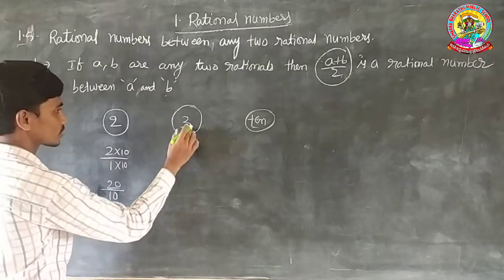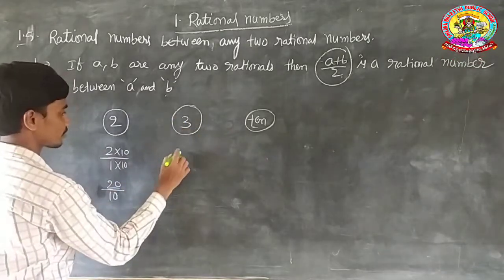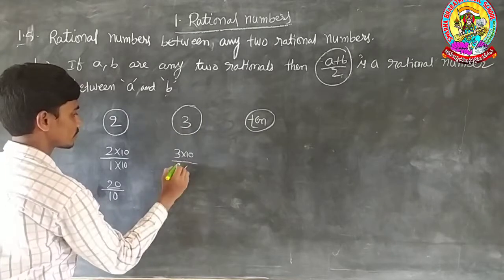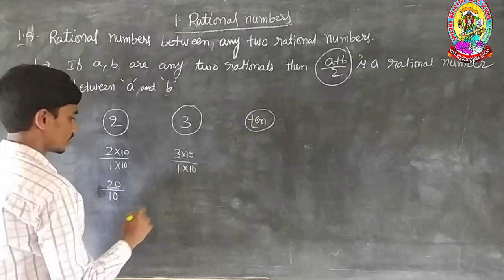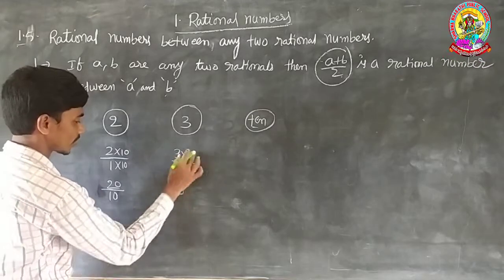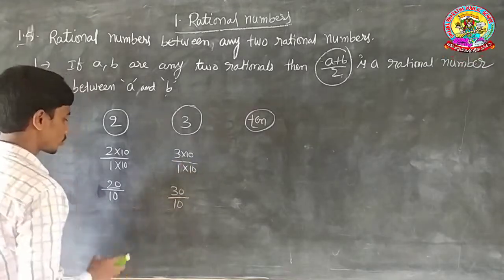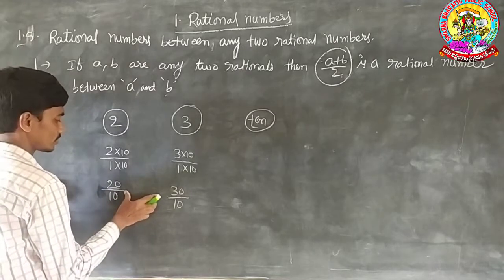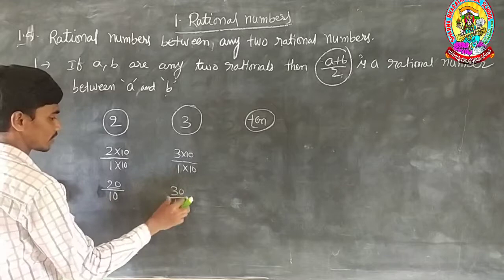Next, 3 is also converted into a fraction with the same numerator and denominator 10, so it equals 30 by 10.